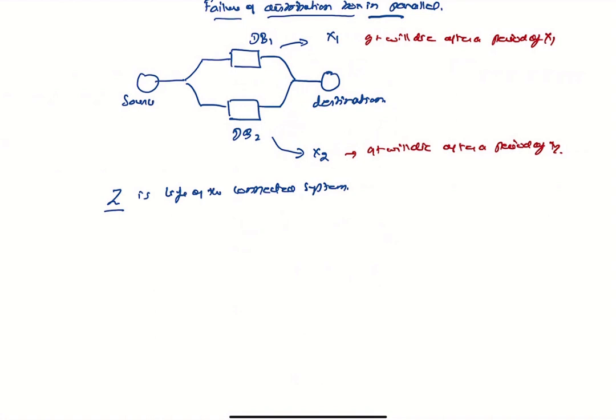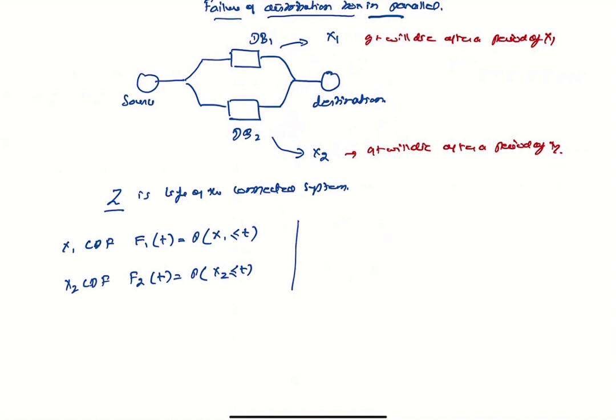We know that x1 has a CDF of F1(t), which is the probability of x1 less than or equal to t, and x2 has a CDF of F2(t), which is the probability of x2 less than or equal to t. Okay, and Z will have a CDF also.